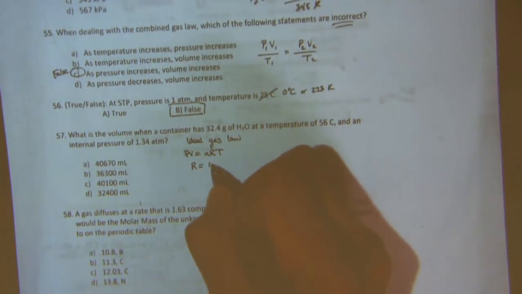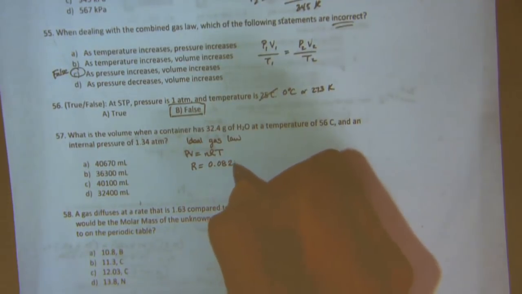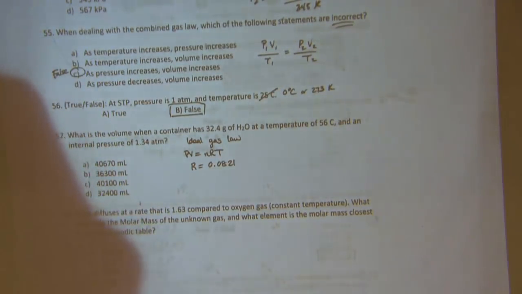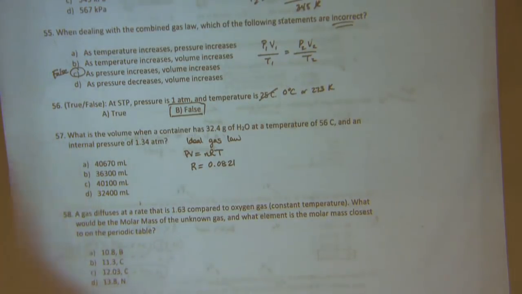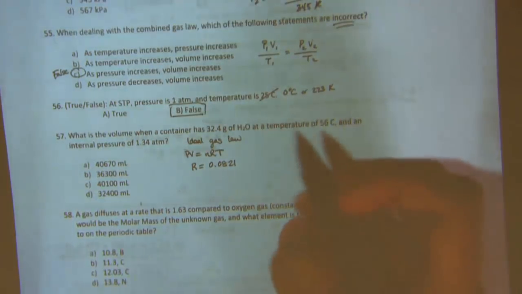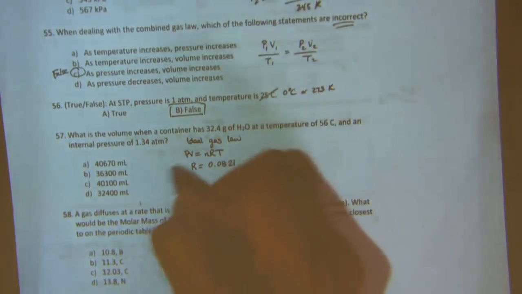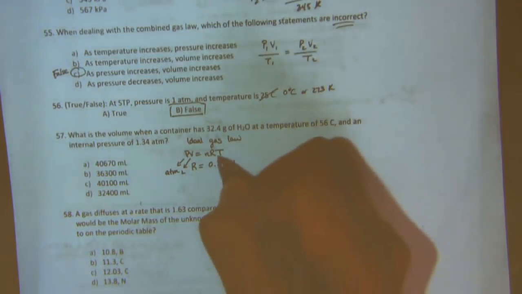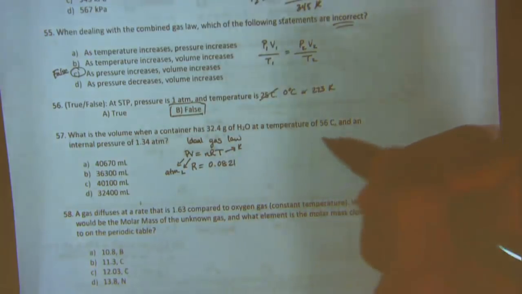So remember, our R value is given as 0.0821. And we have to have matching variables. So for this one, we have to have pressure in atm, volume in liters, temperature in Kelvin, and the value for n in moles.